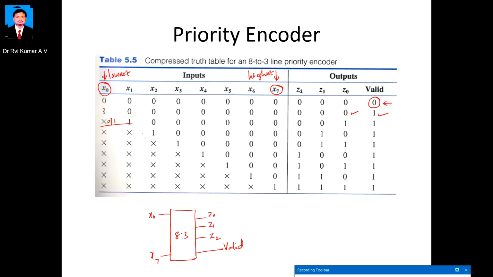So when this is given as 1, this should be 0. This means that it will be encoded as x0, that is 0, 0, 0.